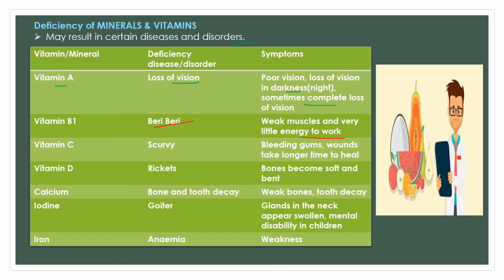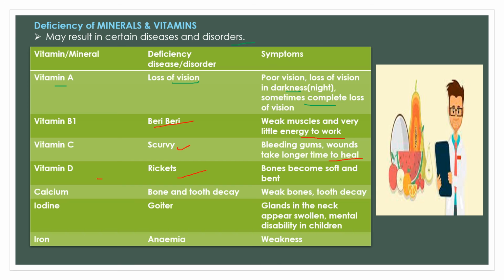Next is vitamin C. The disease name is scurvy and it has the symptoms of bleeding gums, and wounds take longer to heal. Vitamin D, what will it cause? It will cause rickets. That means bones become soft and bent.